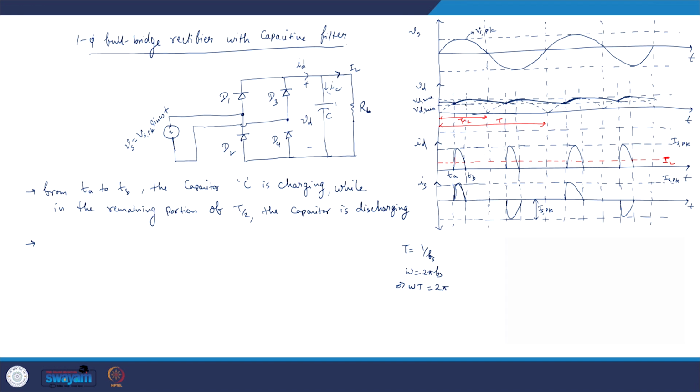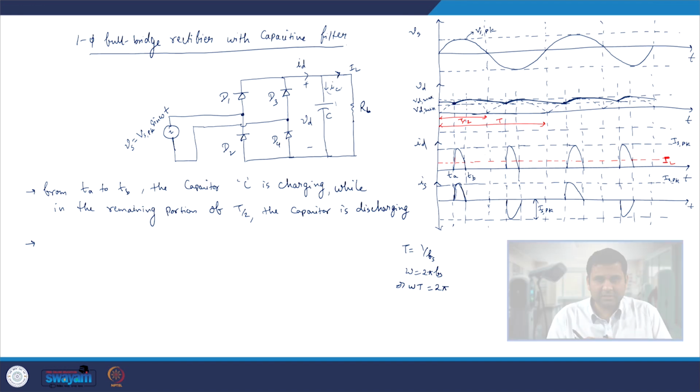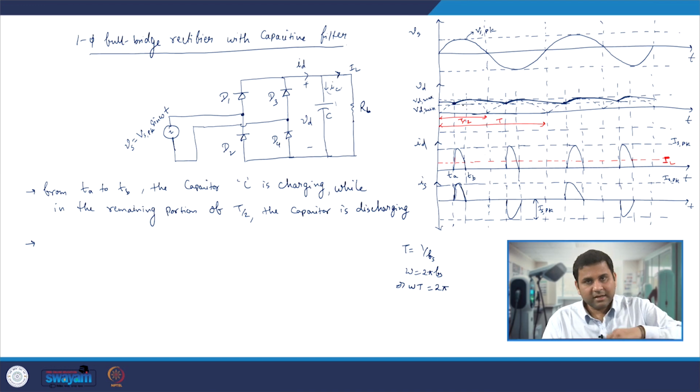We cannot avoid the charging and discharging, so we need to make sure they happen in such a manner that the capacitor voltage is maintained between VD max and VD min. We can define that ripple as one of the specifications of the converter, and that is when we are able to calculate the value of the capacitor. So let us see how we can design or evaluate this capacitance value.